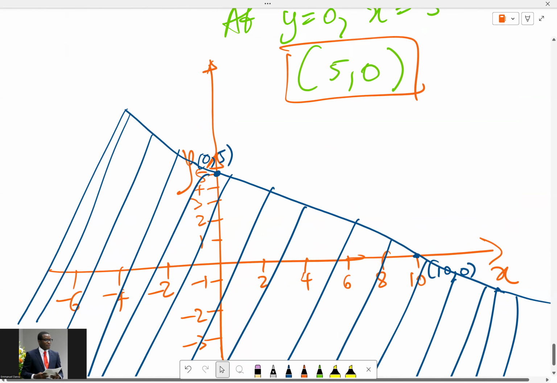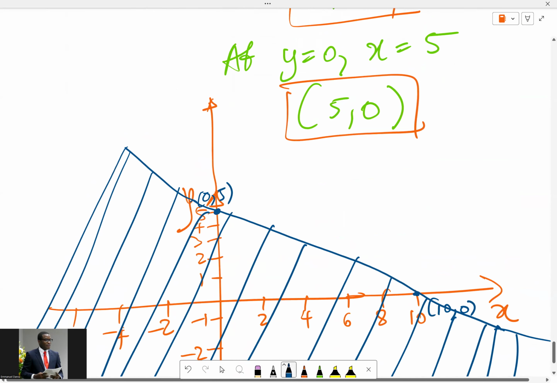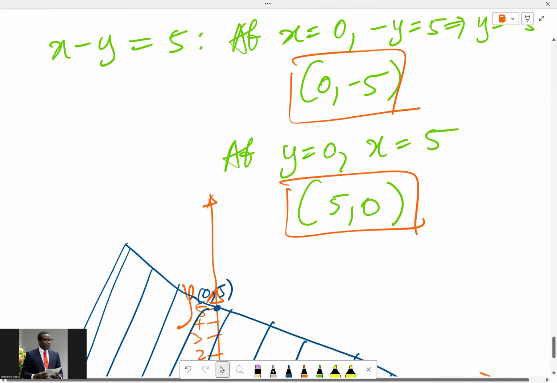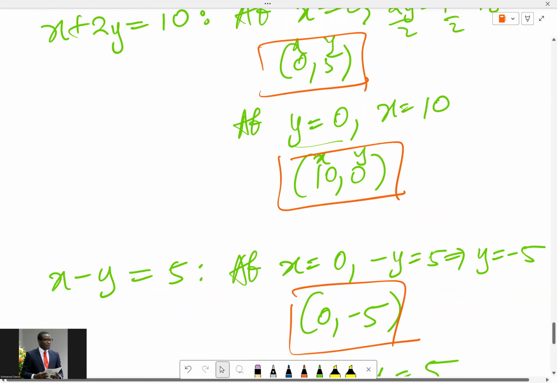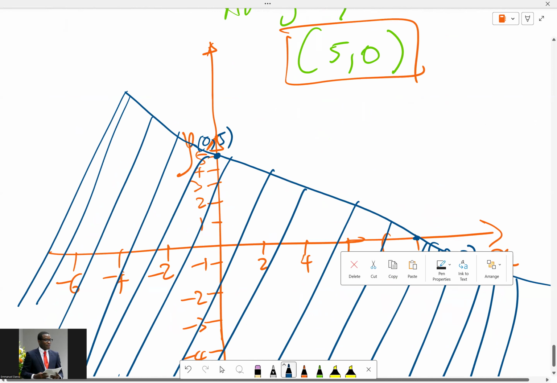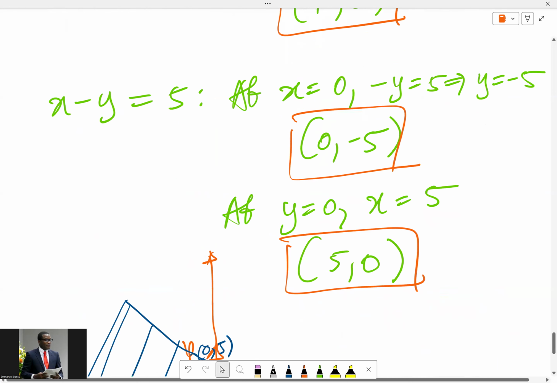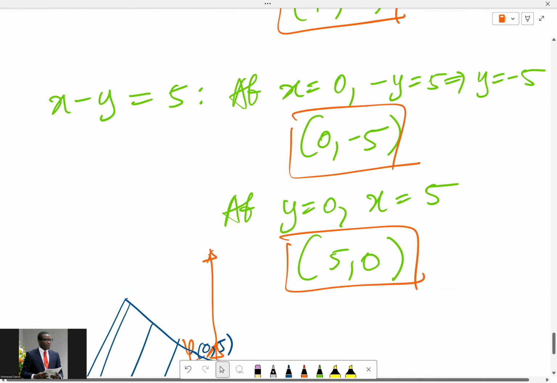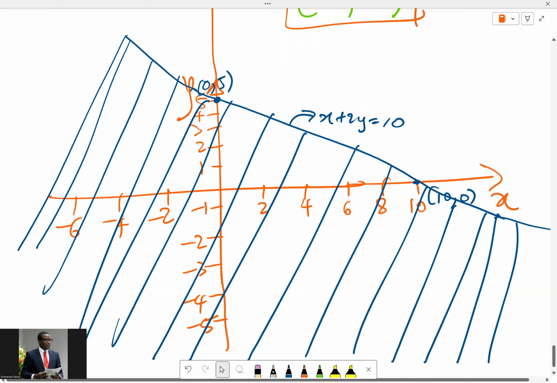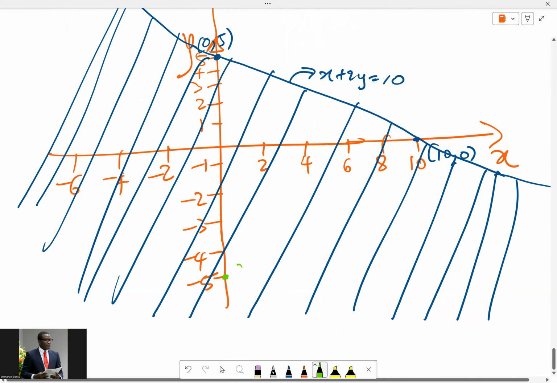All right, then you can go to this line now. That line is x plus 2y equals 10. Then we go for the second one, x minus y equals 5. When x is 0, y is minus 5, so this is 0, minus 5.